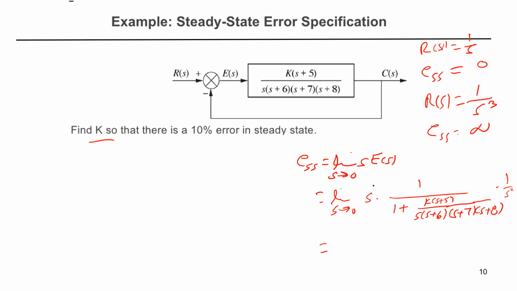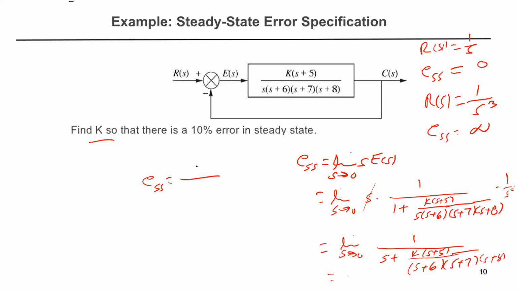So S will go with one of the S, and I will have the limit as S goes to 0 of 1 over S plus K over S plus 5, S plus 6, S plus 7, S plus 8, which is equal to E steady state equals 1 over 5K over 6 times 7 times 8. Is this clear?